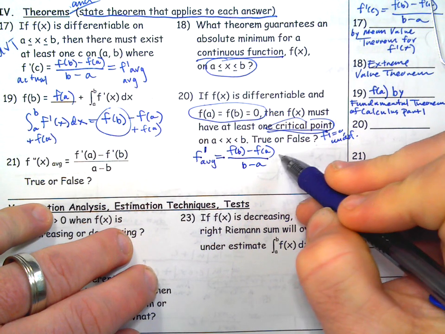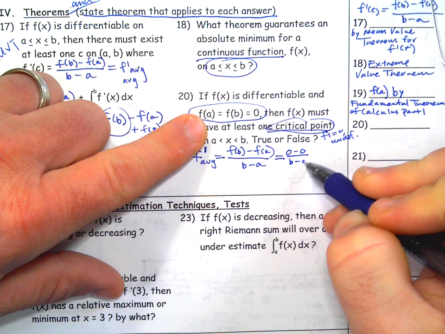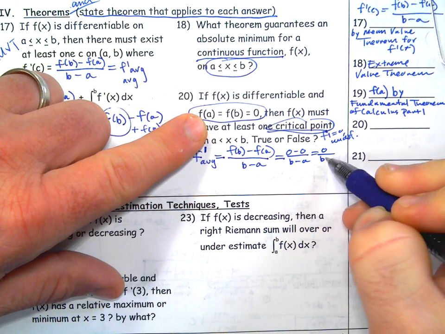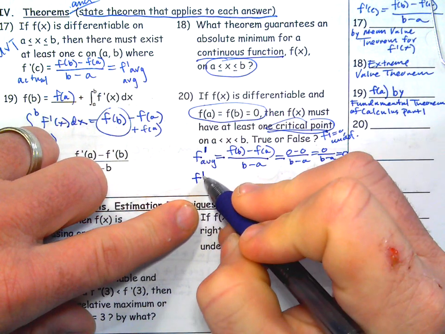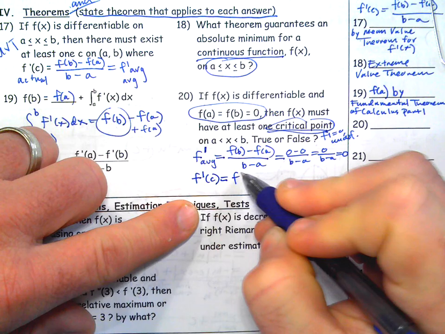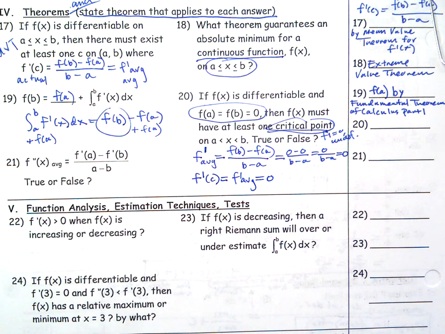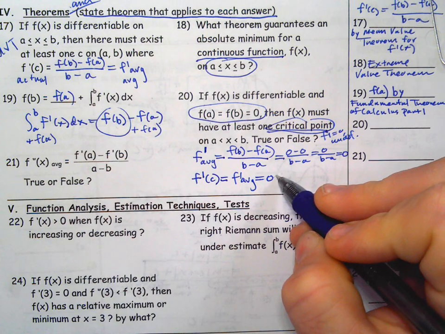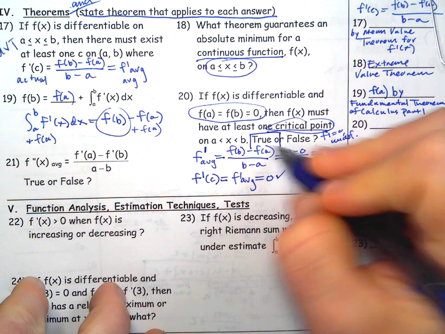And they've told us that each of these equals 0. So we get 0. Which means it's guaranteed by the mean value theorem that the actual derivative will equal the average derivative at least once, which means we will for sure get a critical point. So the answer is true.